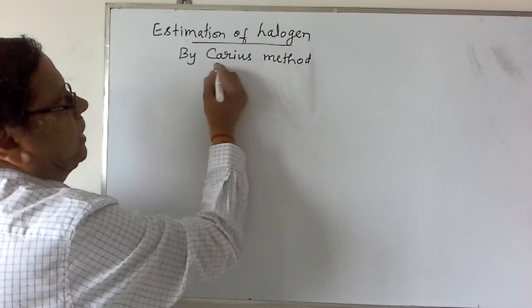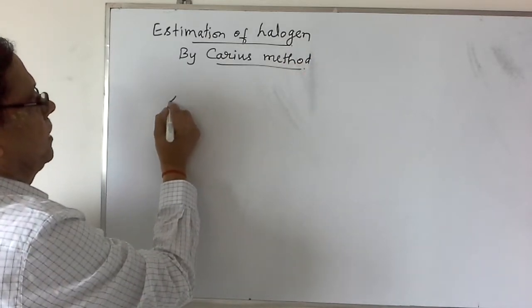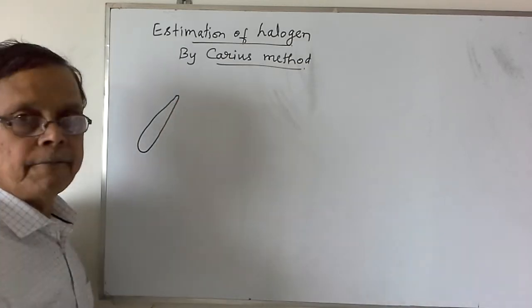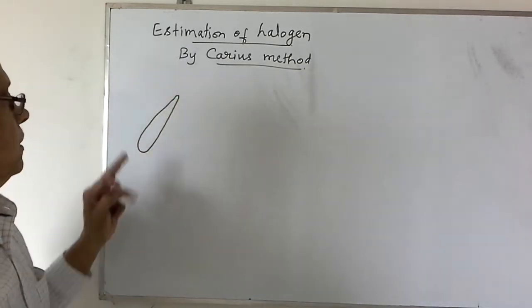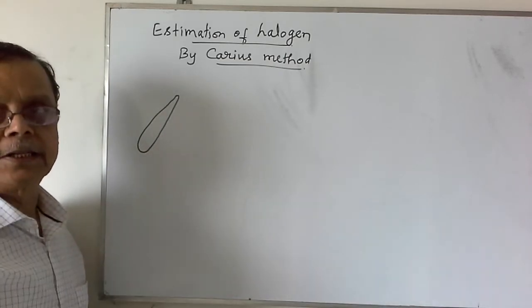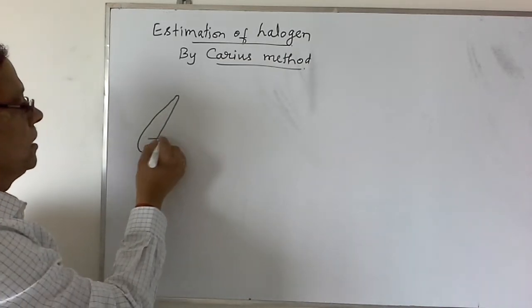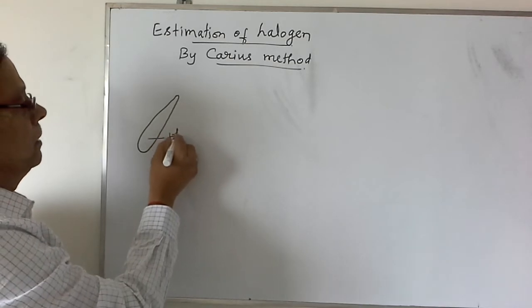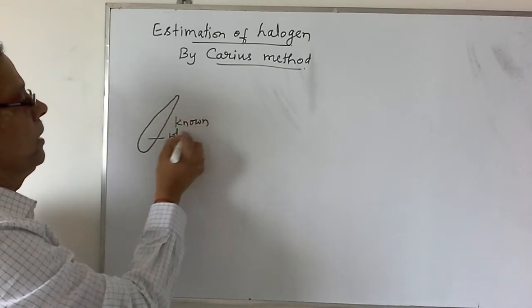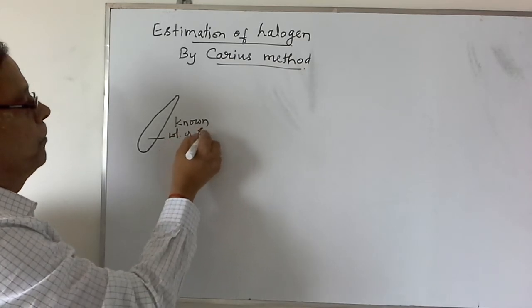In this Carius method, there is a tube called the Carius tube, like this. It can be closed after placing the reactants. So we have to place a known weight of organic compound.